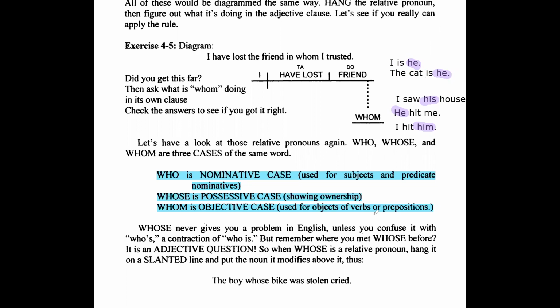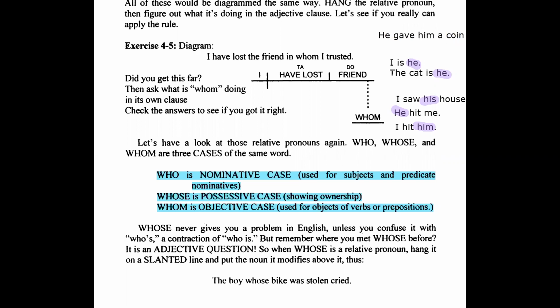Objective case, used for objects of verbs or prepositions. He hit me. I hit him. That is the objective case. So those are objects of verbs or prepositions. He gave him a coin, indirect object. So even the indirect object, he's going to turn into him.